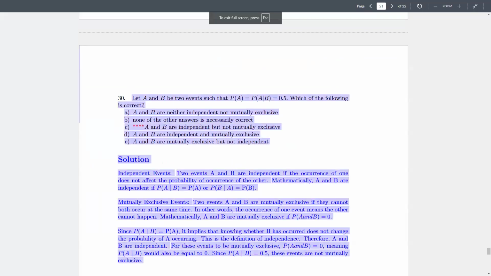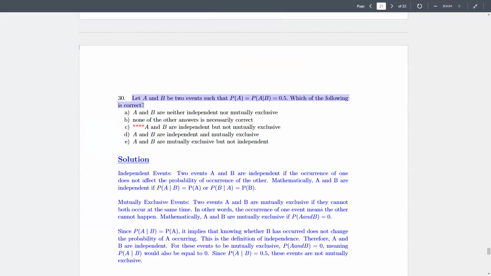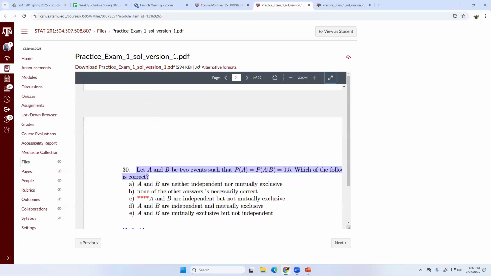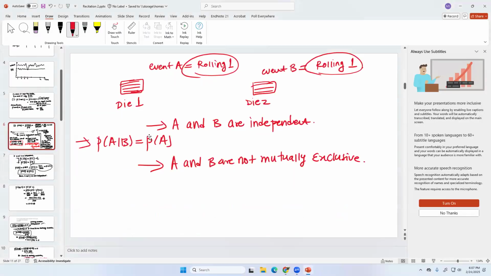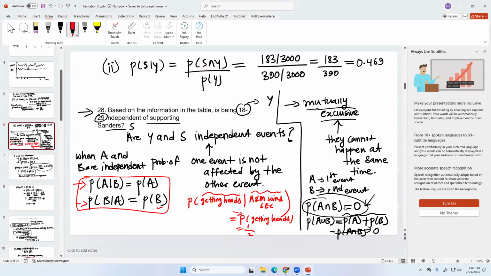So in this case, you don't know what A and B are exactly, right? But you know the probabilities for them. But still here, you can still check for independence and mutual exclusiveness by using the mathematical definition. So you can work intuitively, or the best way to do it is to check if these formulas hold or not.